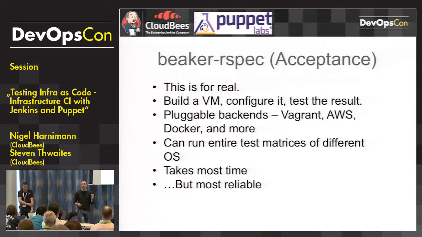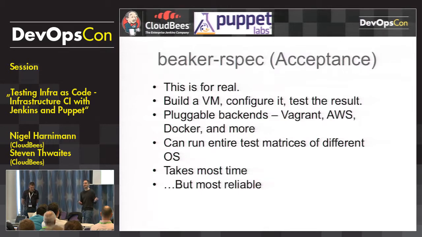So this is for real. When you actually define your tests in Beaker, you tell it about the platforms that you're going to test your system on. You give it the details of a backend that it's going to be working with. So it will take your code, deploy a Puppet master and an agent on the operating systems that you specify, on a backend that you specify.